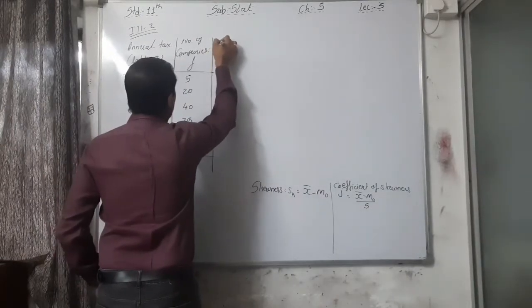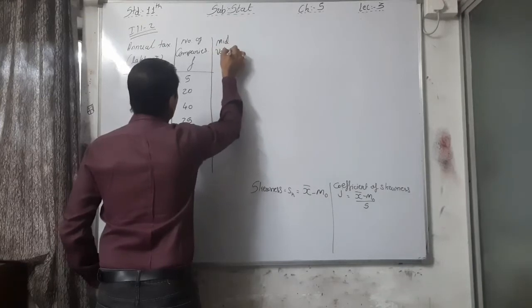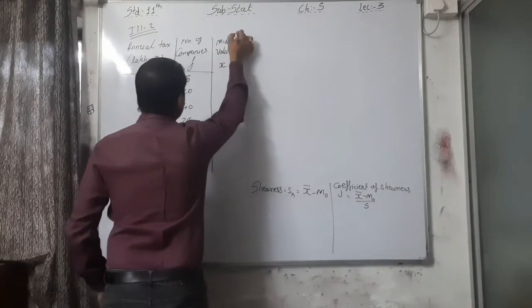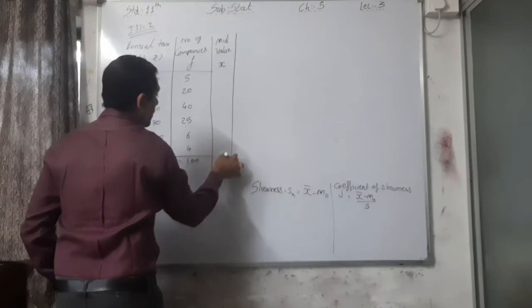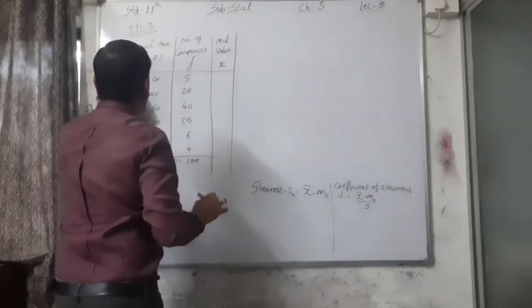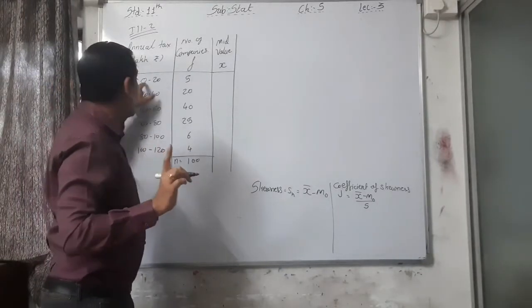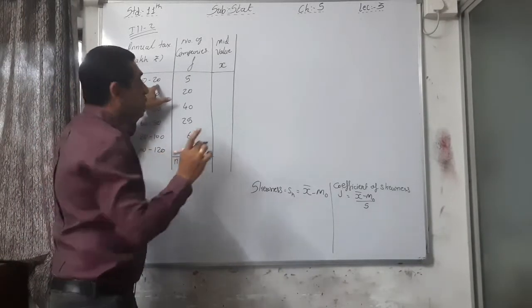To find the mean, the mid value, that is X. The first mid value is 0 plus 20 divided by 2, that is 10.